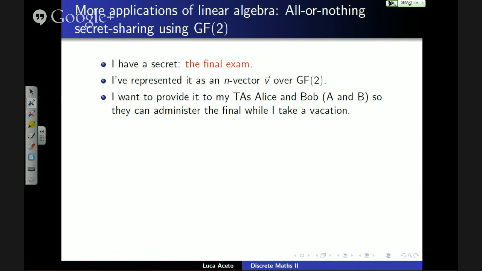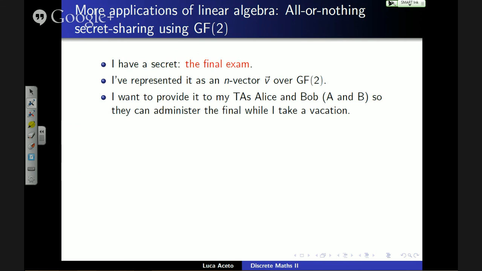And now I have these two TAs, Ertla and Ragnar, or Alice and Bob, if you wish, but Ertla and Ragnar is better. And since I want to go on vacation at exam time, I want Ertla and Ragnar to actually run the exam for me. But even though I trust them both, I don't trust any of them 100%. Because Ertla could be bribed. Ragnar could be bribed. But perhaps you don't have enough money to bribe them both.